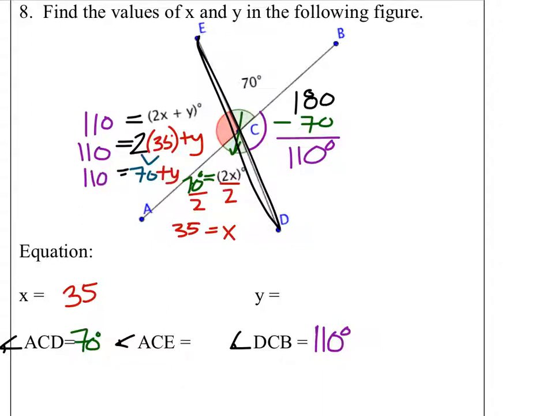And now what would I do to solve for y? That's correct. Minus 70. I'm going to subtract it from both sides just to show my work. And that shows me that y is 40. Bam. y is 40. And we already knew that angle ACE was also 110 degrees. Bam.